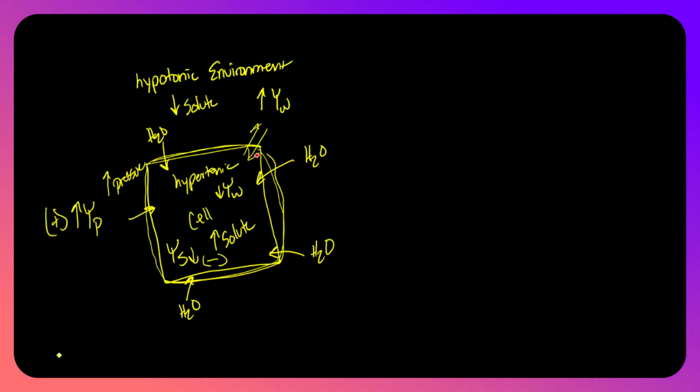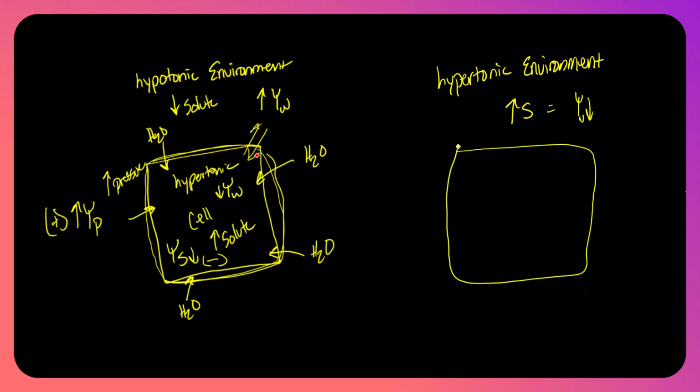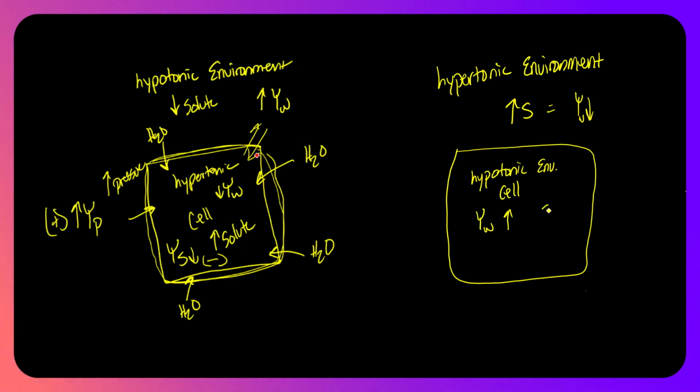And then if we contrast the hypotonic environment with a hypertonic environment, which means the solute concentration will actually be higher, which equates to a lower water potential. And so when a cell is placed in this kind of environment, that's going to equate to a hypotonic environment inside the cell, which means the water potential is higher inside the cell because the solute concentration is lower.